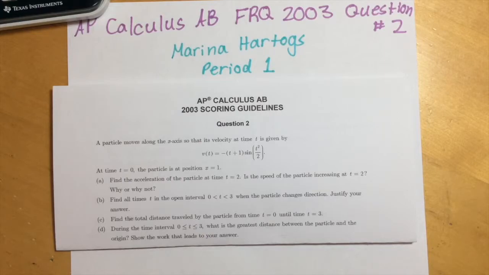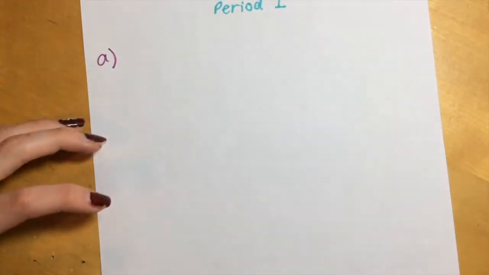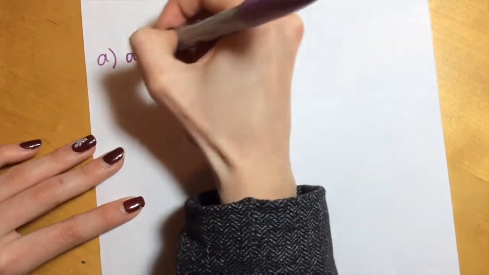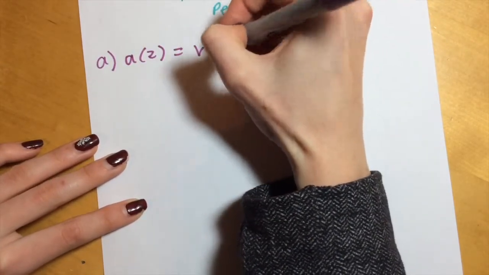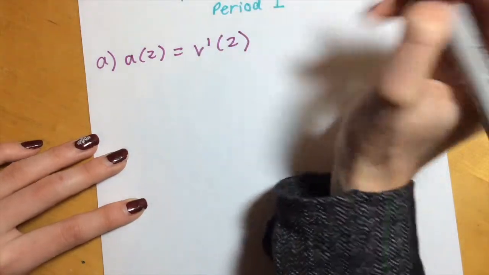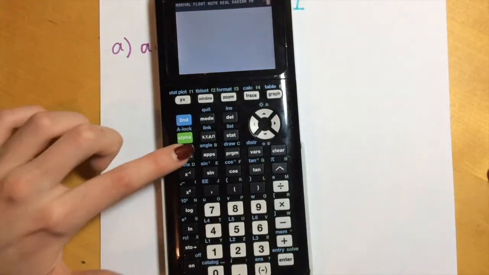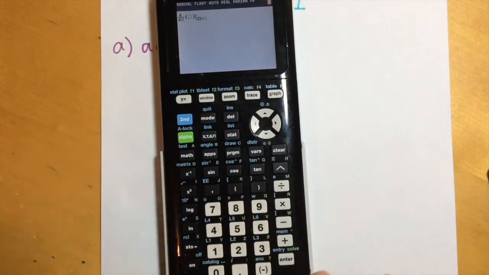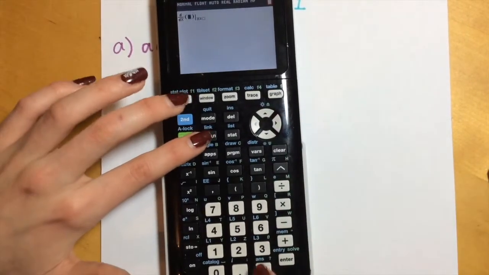Why or why not? So in part A, we're trying to find the acceleration of the particle at time t equals 2. So we know that the acceleration is equal to the derivative of the velocity. So we're going to take our calculator and do math, derivative, and then we're going to plug in the velocity function.